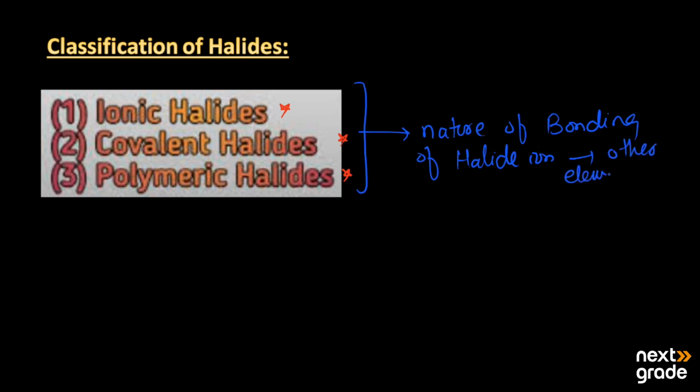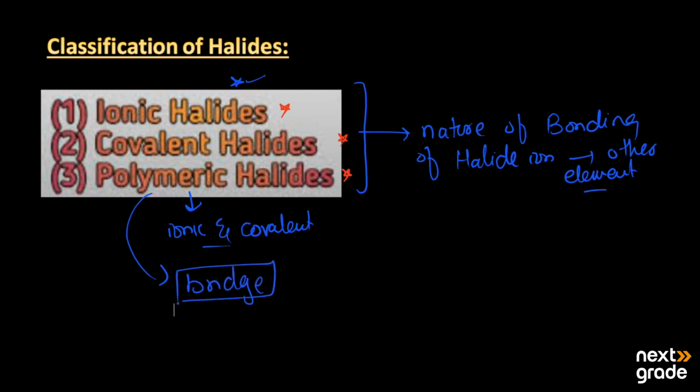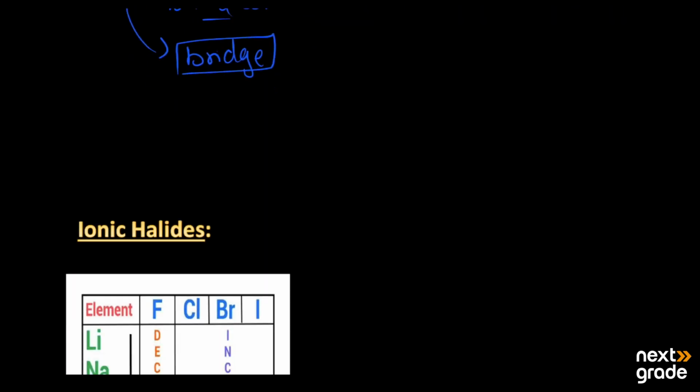It depends on the nature of the elements, whether they are sharing their electrons, losing or gaining electrons, or having properties of both ionic and covalent. Or the polymeric halides may also work as a bridge between two atoms that are bonded with the halogen atoms. So let's discuss these three types one by one.